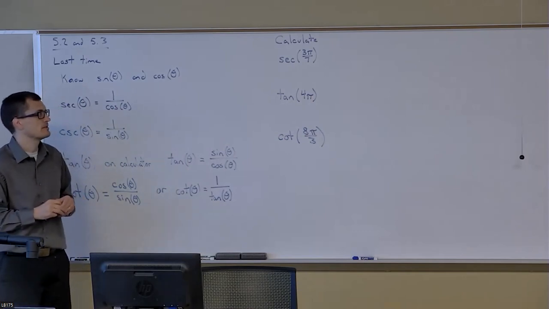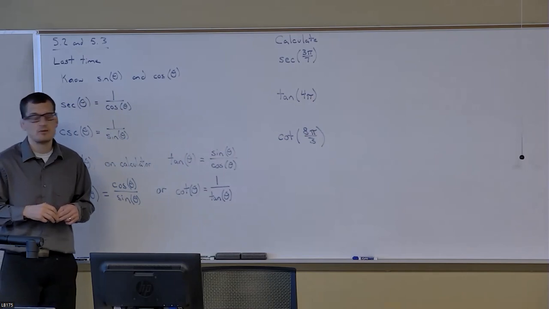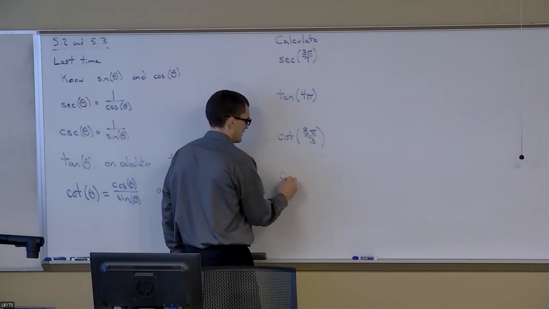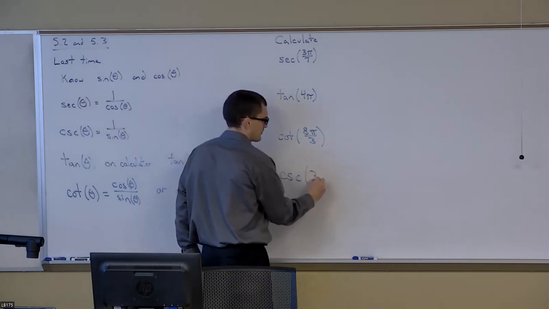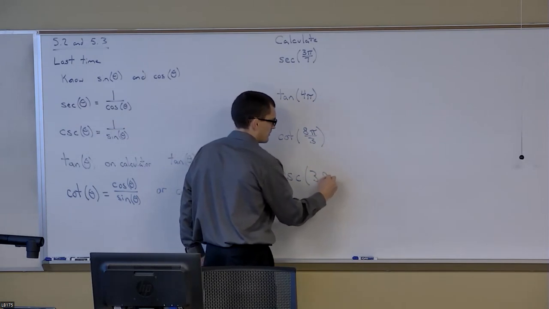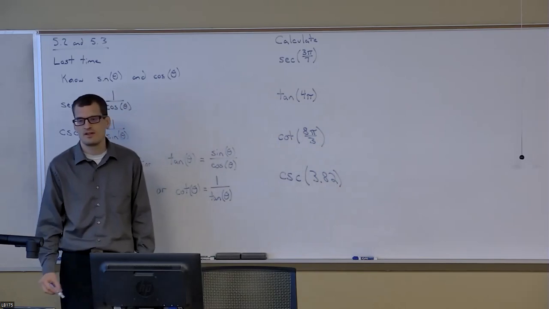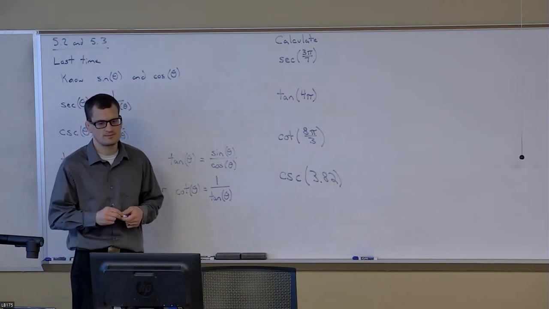By the way, most of the times where I put radians, I throw in the symbol pi, but you could have also had something, let's say we did cosecant of just 3.82. Right? Doesn't always have to include a pi symbol is what I'm trying to get at.